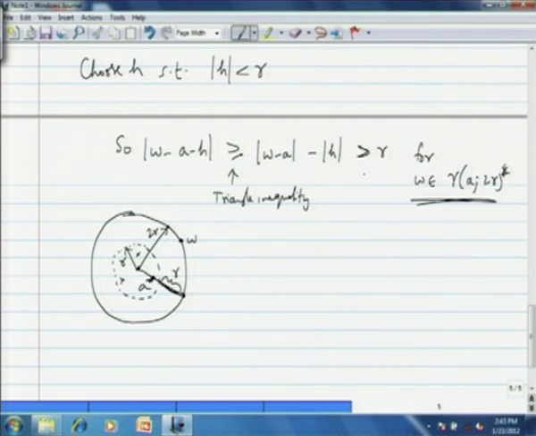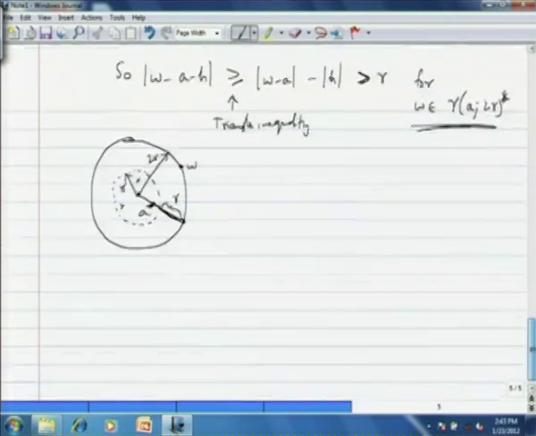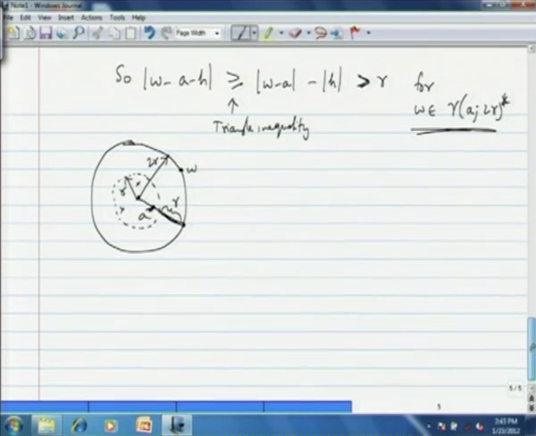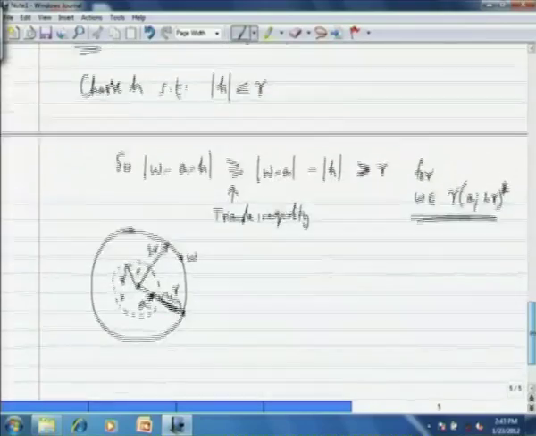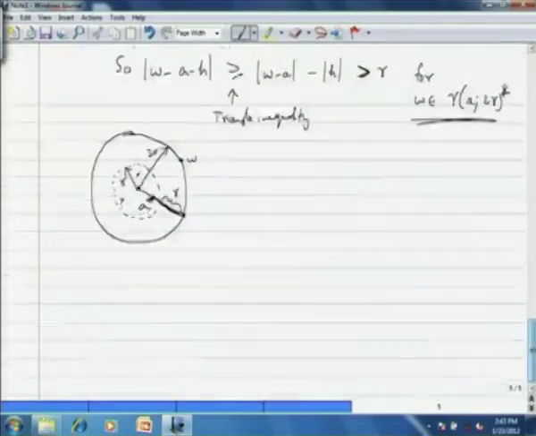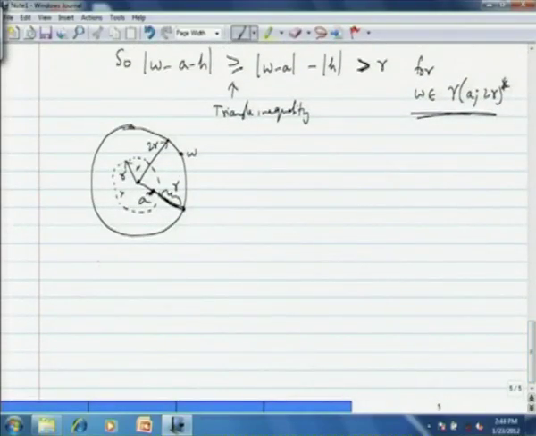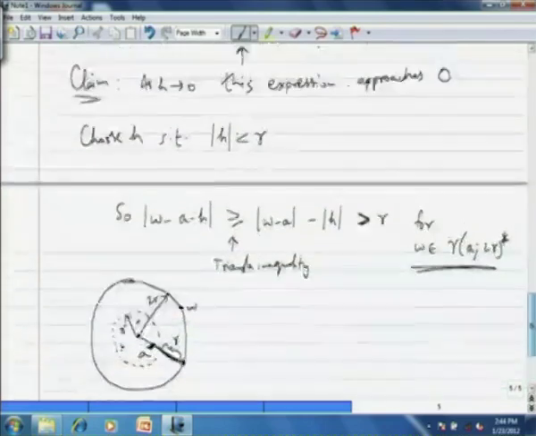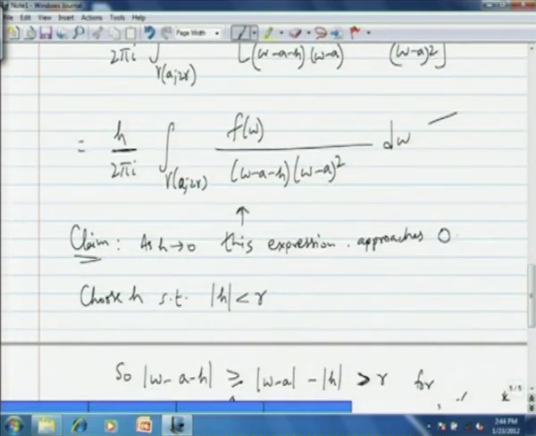So, that is the idea. So, this is strictly greater than r. And we will actually use this to estimate the denominator. Now, we will also do something about the numerator. I am talking about the denominator and numerator in this expression, of course.